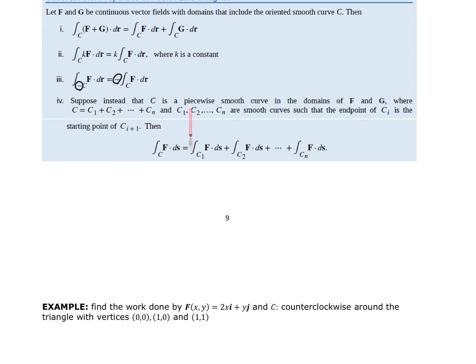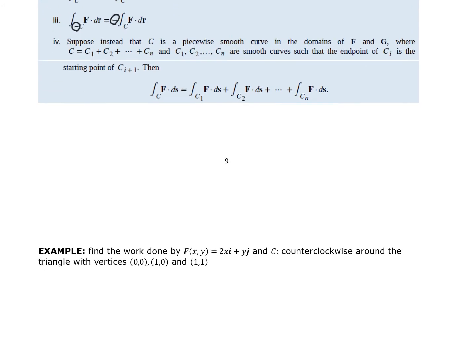So suppose C is a piecewise smooth curve in the domains where I have f and g, and my curve can be broken up into individual pieces. That means I can do individual integrations on each piece of the curve as long as I'm able to draw from one end to the other without picking up my pencil.